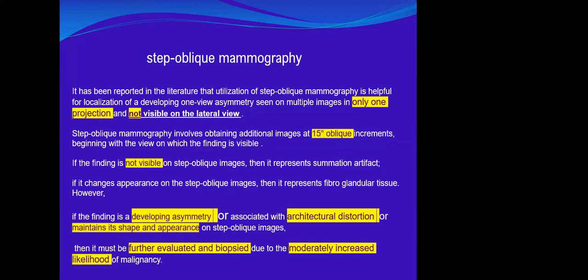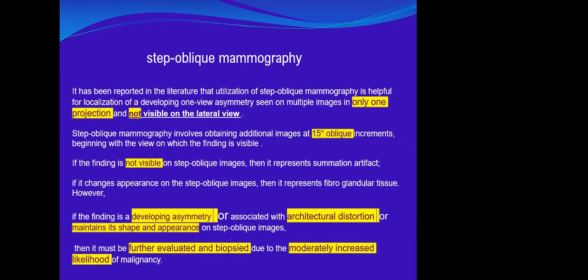But if you shift to 90 degrees and still you could not see it, you can just shift 15 degrees oblique. From the mediolateral oblique, go to the side of the lesion and do a step of 15 degrees, and just proceed like that. It might help you to visualize. We call it step oblique mammography.